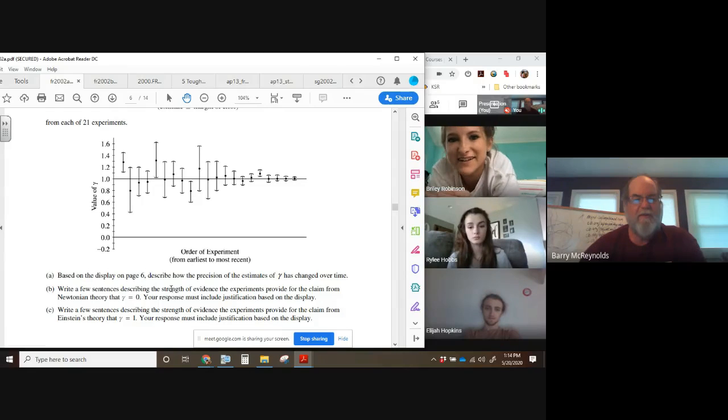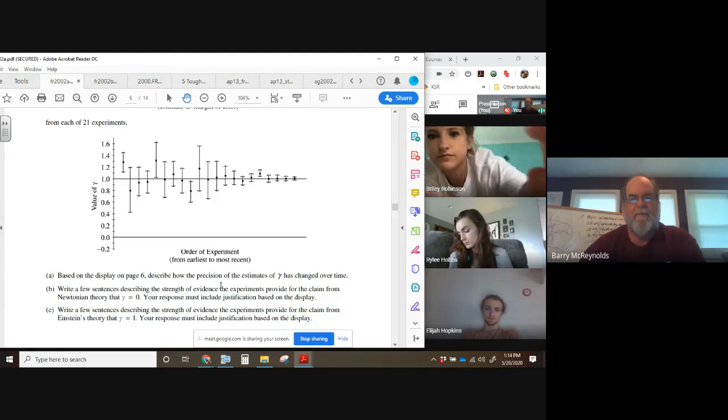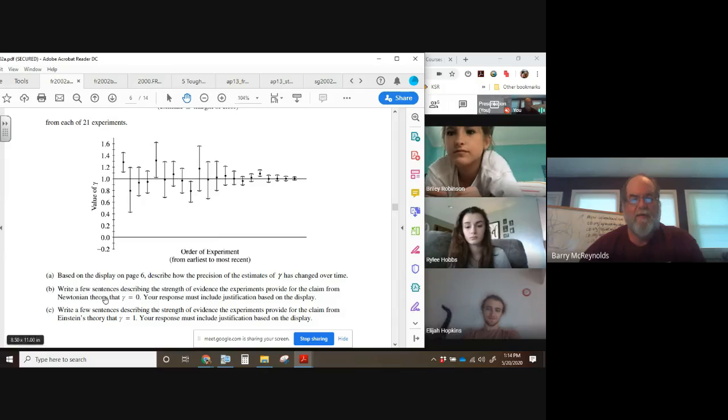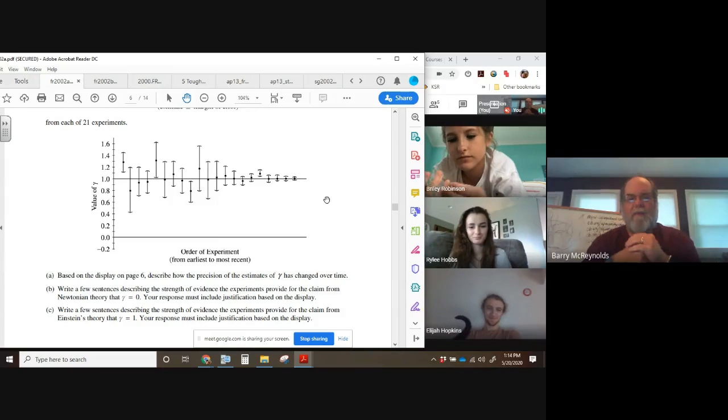Part B: write a few sentences describing the strength of the evidence the experiments provide for the claim from Newtonian theory that gamma equals 0. Your response must include justification based on the display. Now, here again, anytime it asks for justification, that does not mean you have to calculate a value or use a formula.